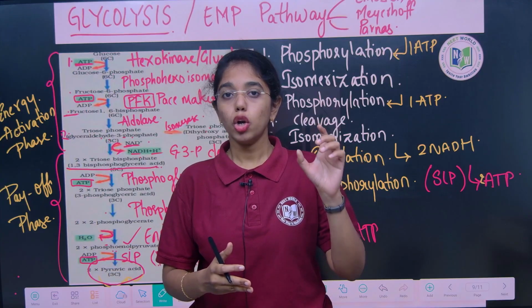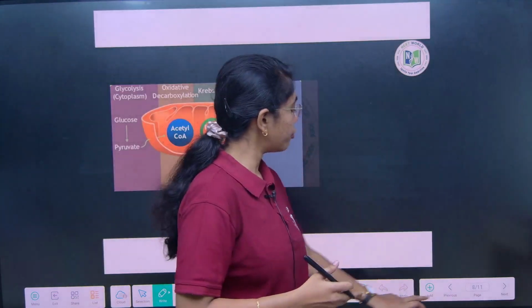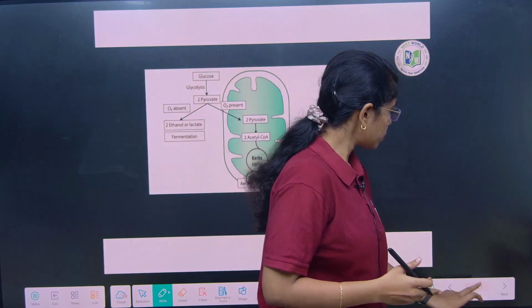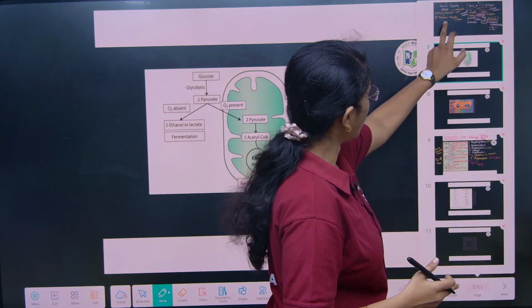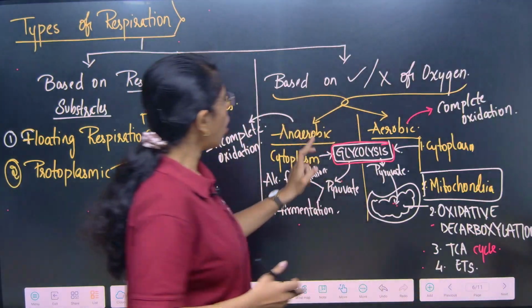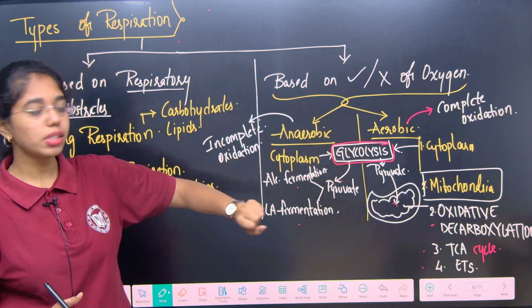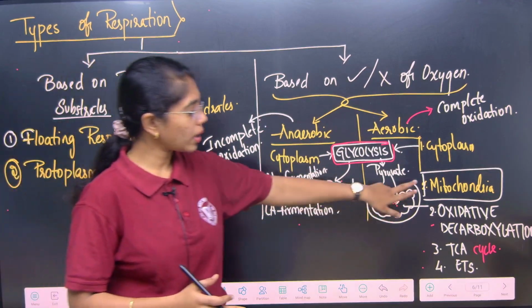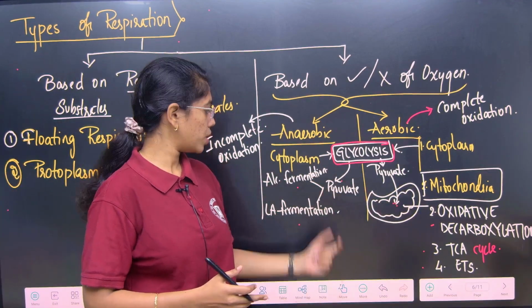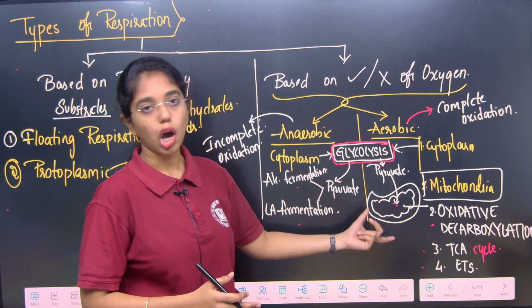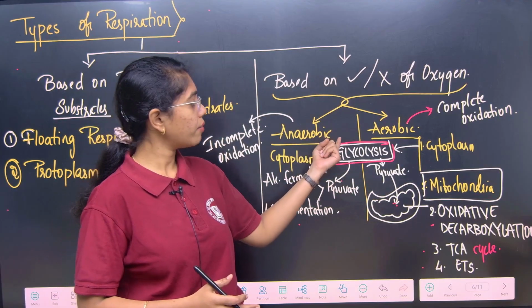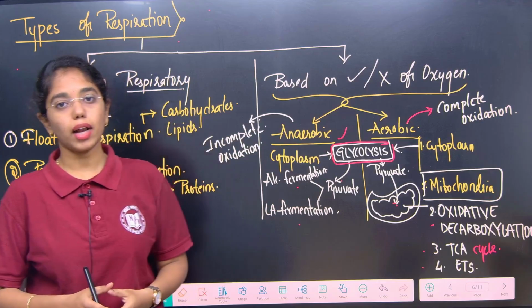We looked properly into the complete flow chart showing that glycolysis is the common step, what the steps of aerobic respiration are after glycolysis, and where these steps occur. And then we completely looked into the glycolysis concept.